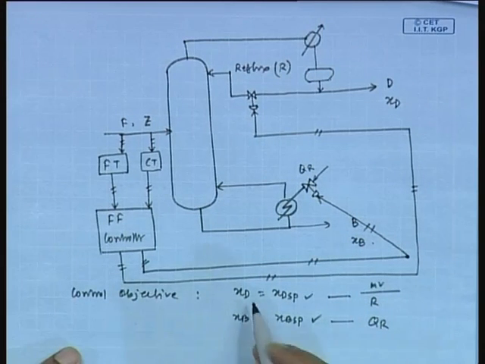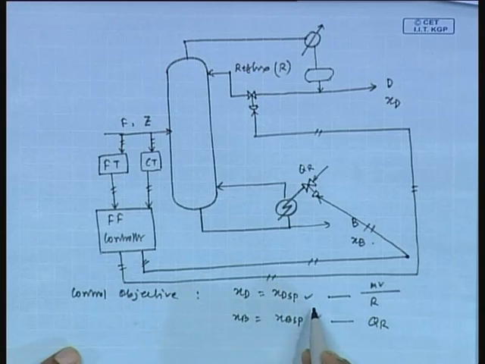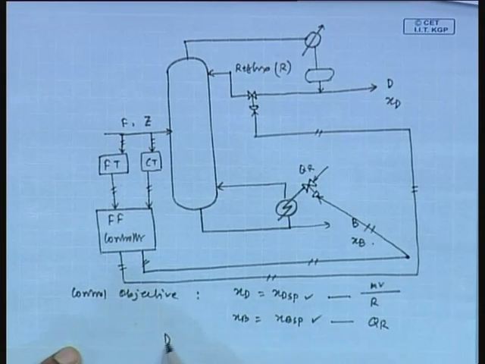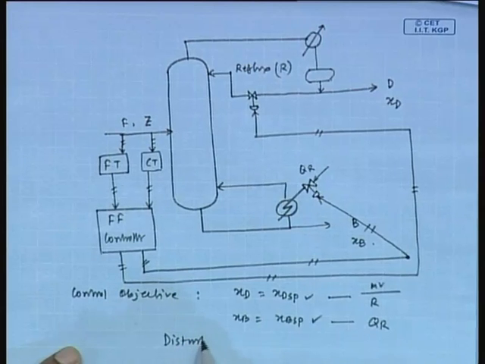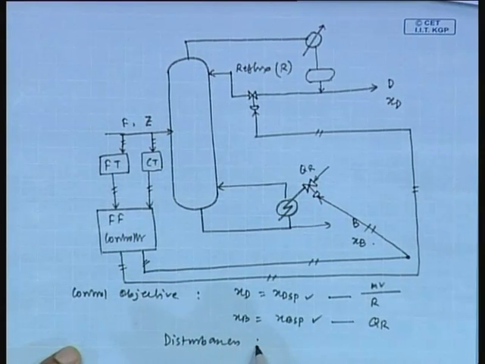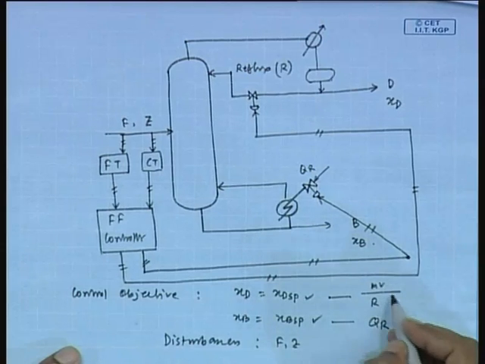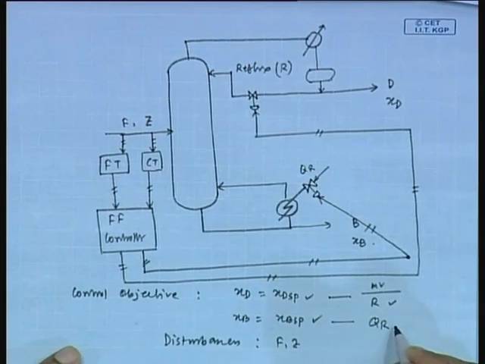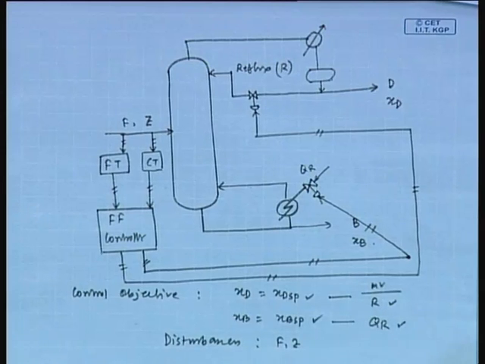So, control objective is to maintain XD at XD set point, XB at XB set point. Disturbances are F and Z, and manipulated variables are R for XD and QR for XB. So, this is the feed forward control scheme for the distillation column. In the next class, we will discuss the theory involved with this feed forward controller. Thank you.